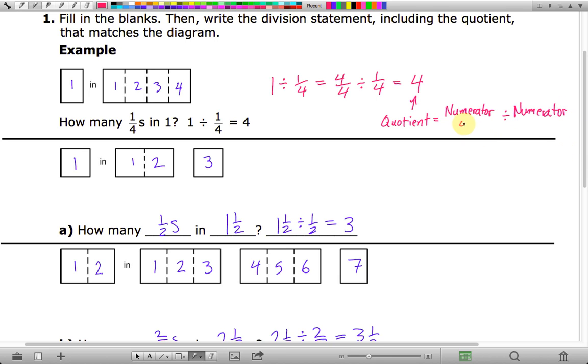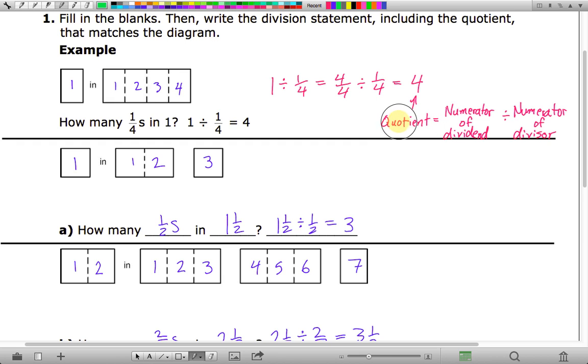We're dividing the numerator of the dividend by the numerator of the divisor. So let me just make it clear what all of these things are. Doing a little bit of highlighting here.